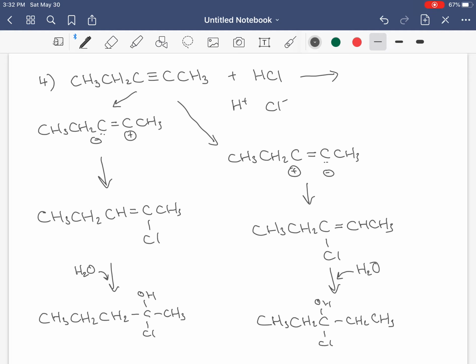Okay, so for this pretty cool reaction, pretty cool example, you'll have two products being formed. Because for the first reaction, Markovnikov's rule actually doesn't apply. But for the second reaction with the water, Markovnikov's rule does apply.